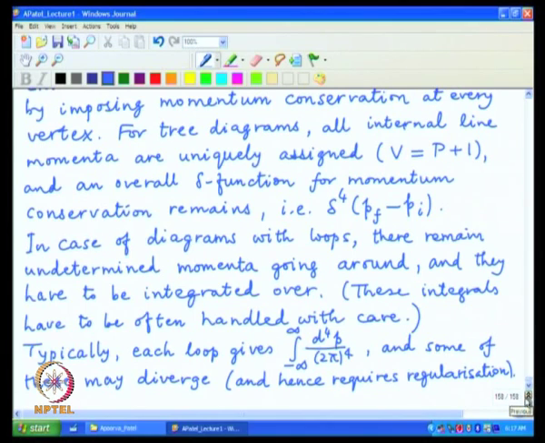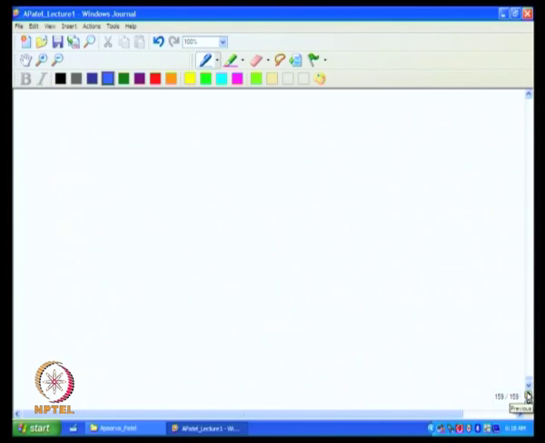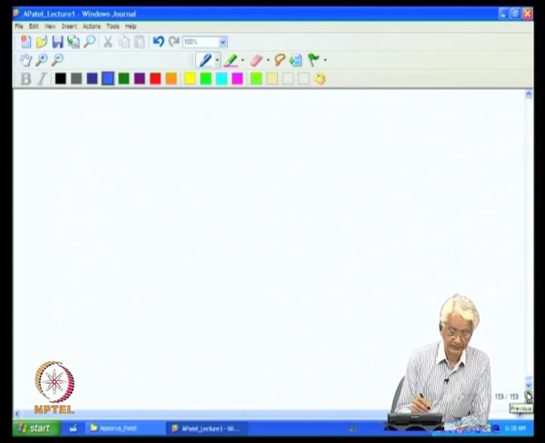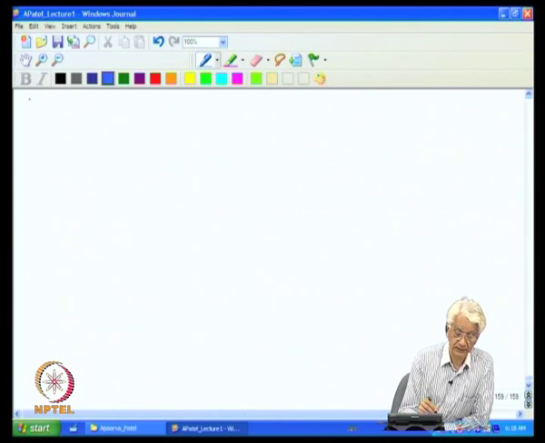And the normalizations of photons and electrons I already wrote down, but I will repeat them once again.